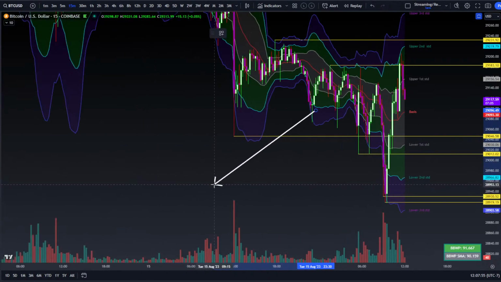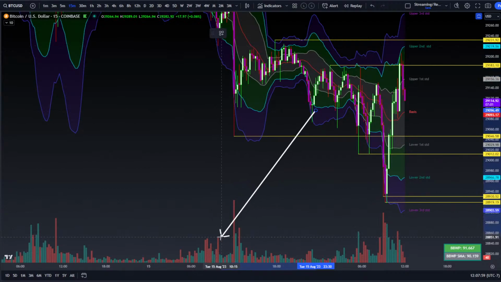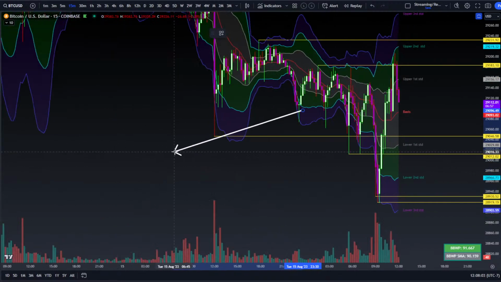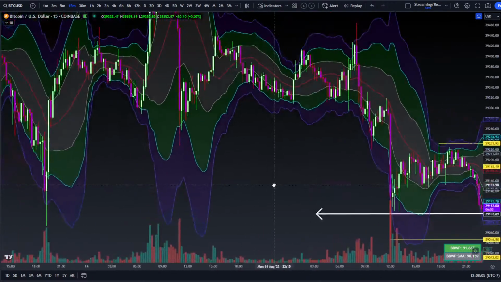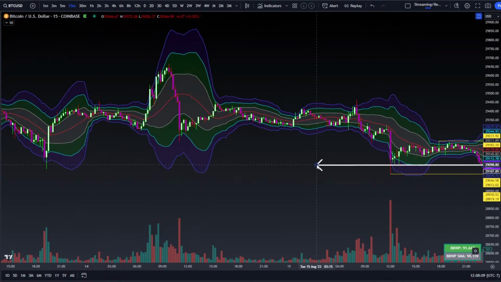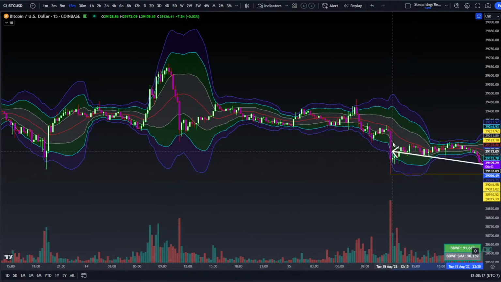And when looking left, the overhead resistance was around the last highest volume candles, these two bear candles here. This candle set the low over here. This higher volume candle right here set this low and defined this range, and then this was the breakdown candle.